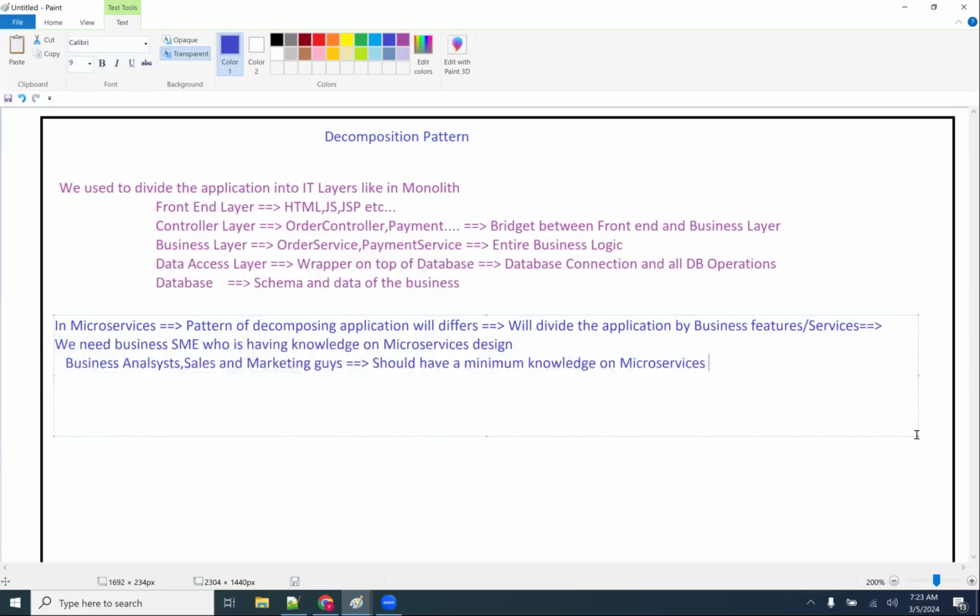And we are going to have a complete brainstorming session with all the stakeholders, like customers, developers, BAs, marketing, QA, and leadership.